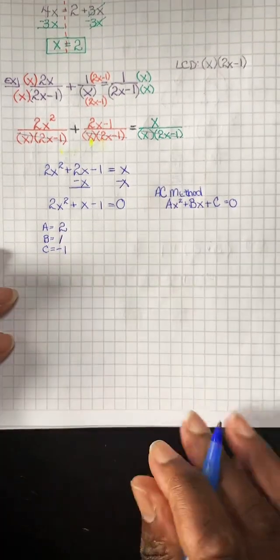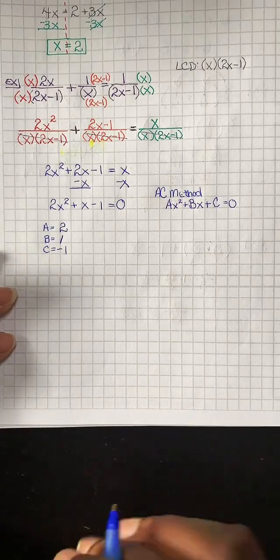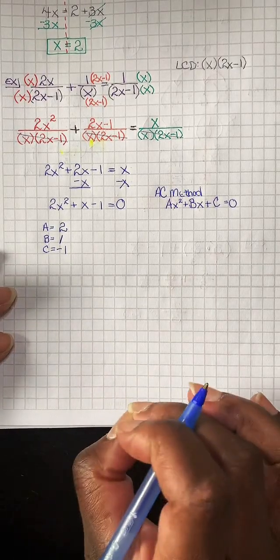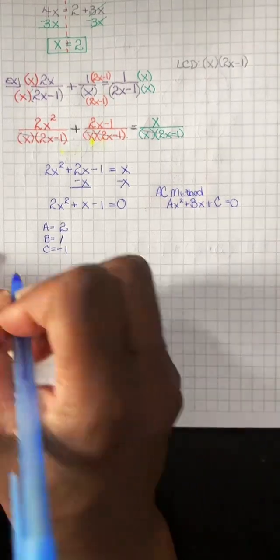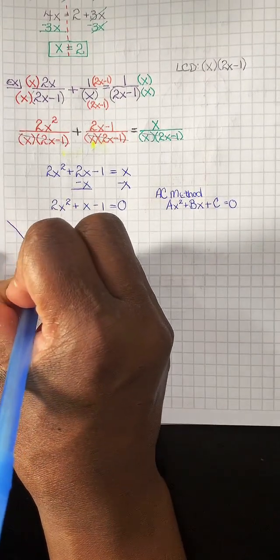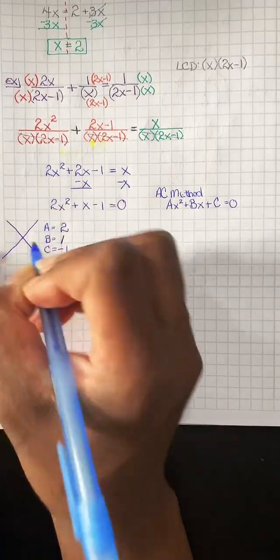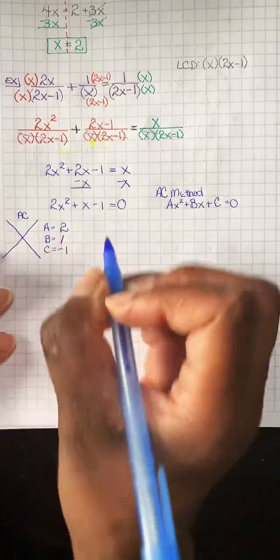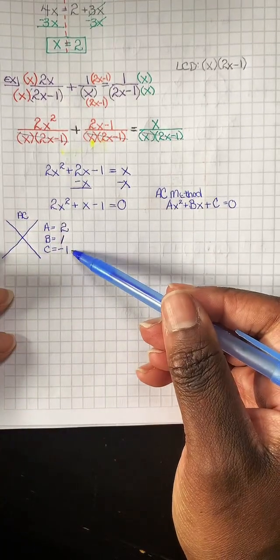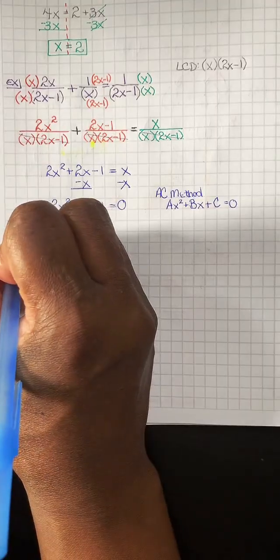Good. All right. Now, this is probably going to be the hardest part. We need to figure out what two numbers multiply together. That's my a and my c. If I multiply my a and my c, I get a -2.